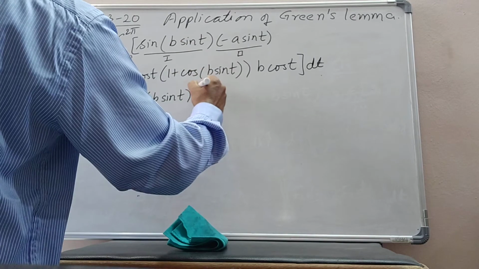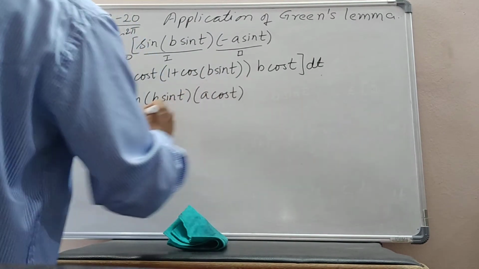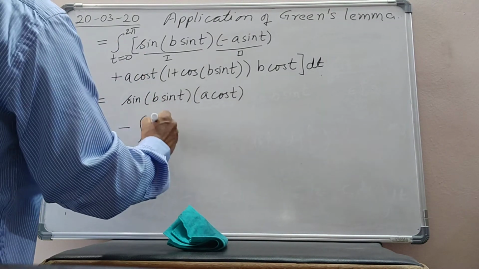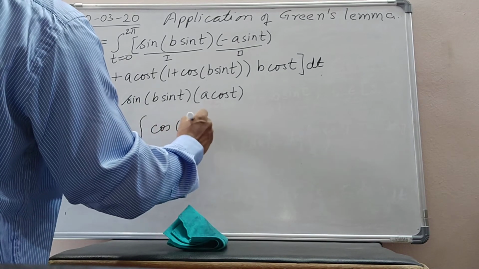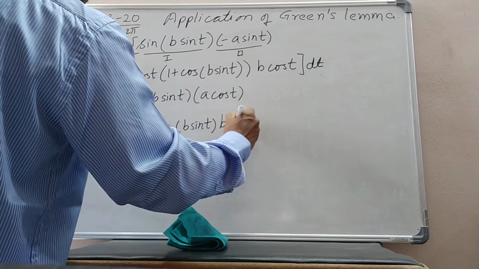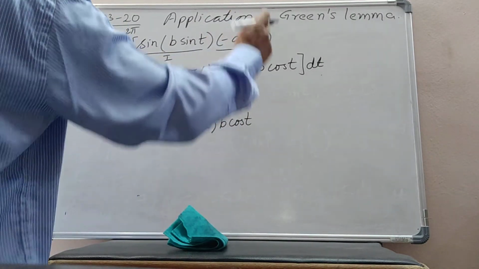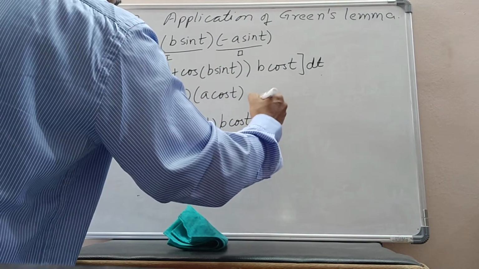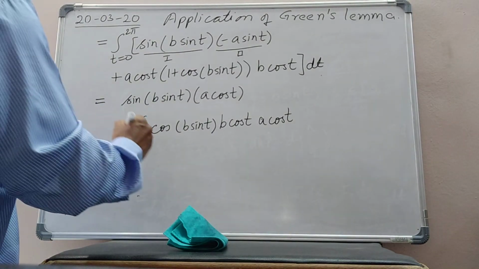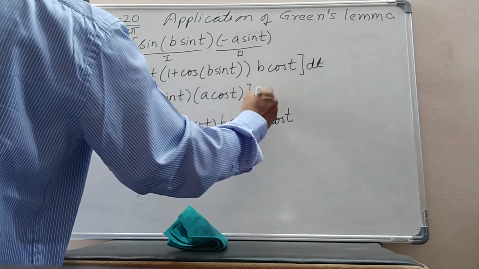What will be the integral of this? a cos t, minus the derivative of the first, which is cos(b sin t), into the derivative of this, into the integral of this, which is going to give me a cos t, 0 to 2 pi.